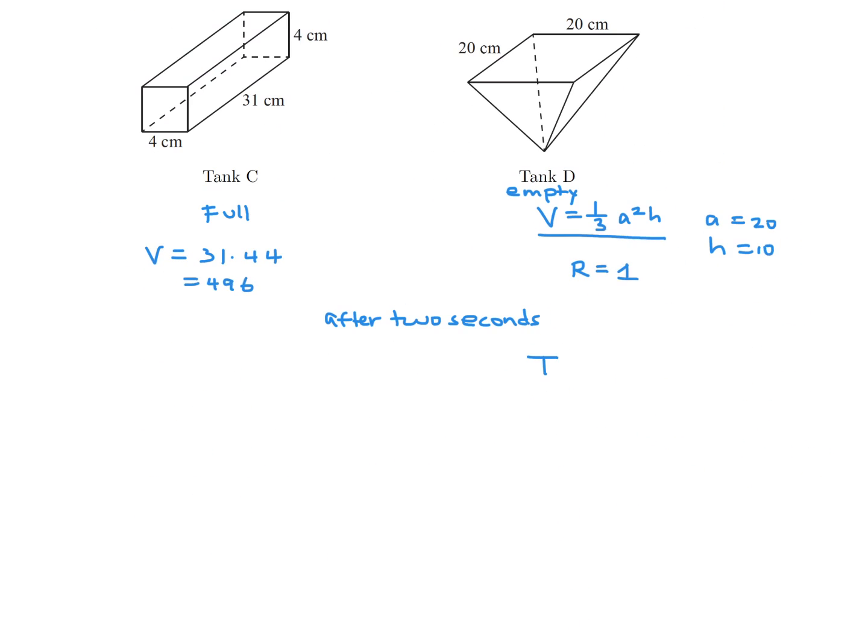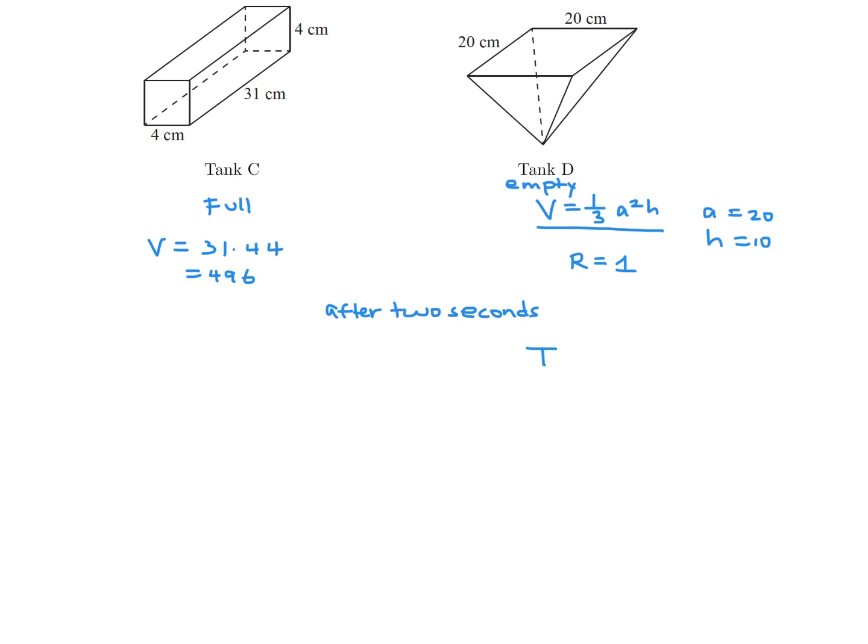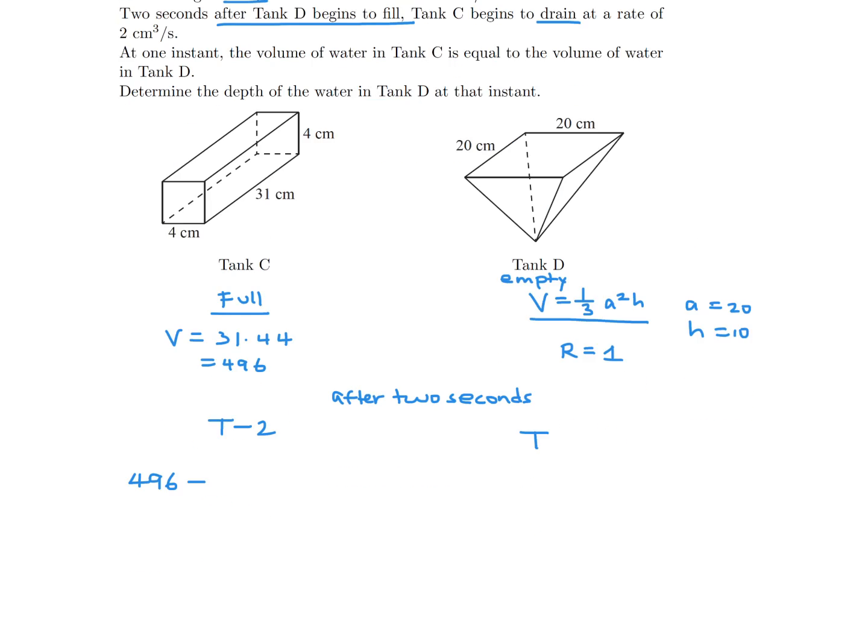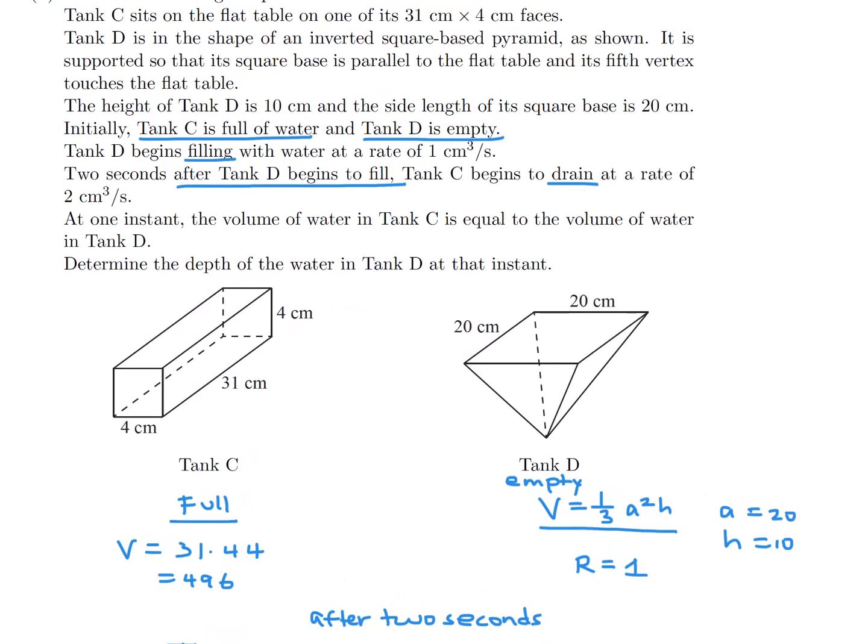Okay, so if that's T, then for this guy, tank C, it'll be T minus 2, whatever T is. So this tank C is already starting full, but it's going to drain. Did they tell me how much it drains by? Was there some rate here? Here it is.